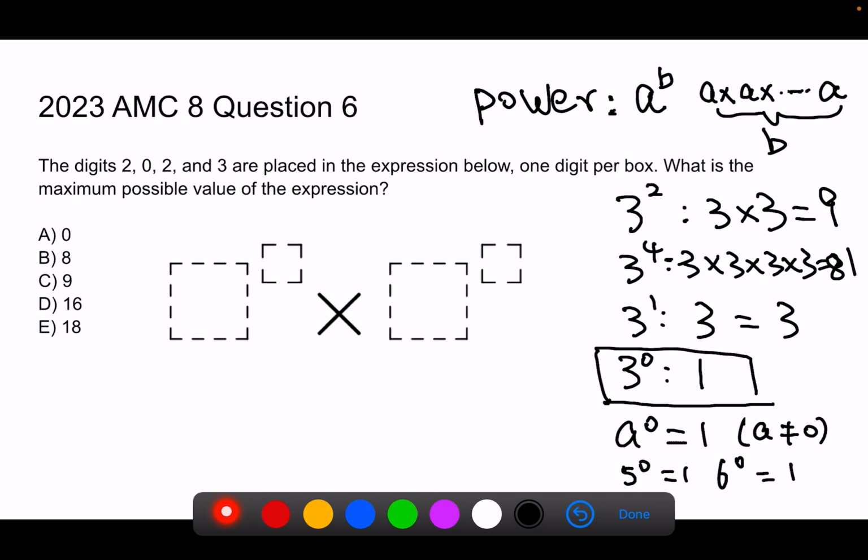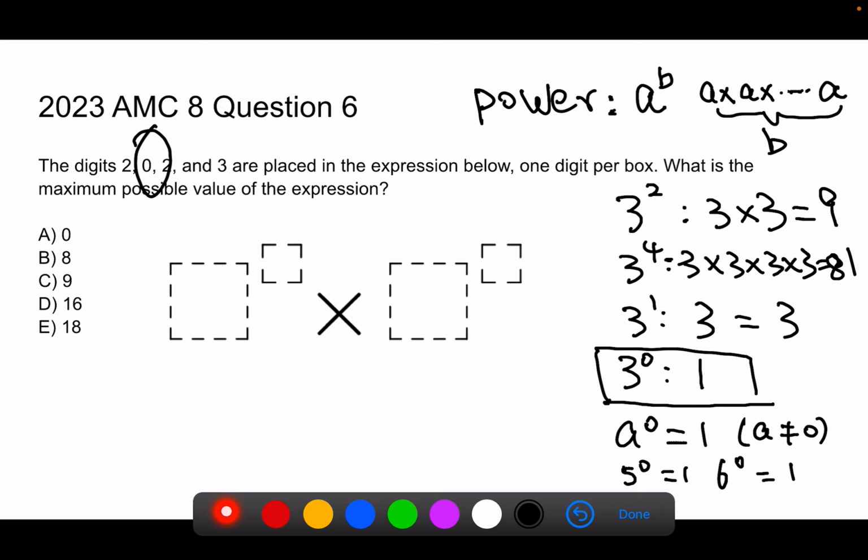All right, so that is the context of how power works. Now let's go back to the question. We have 2, 0, 2, 3, and you want to get the maximum possible value. What quickly gets your attention from those four numbers, which is basically the year of this test? I would say it's 0, because 0 is special.